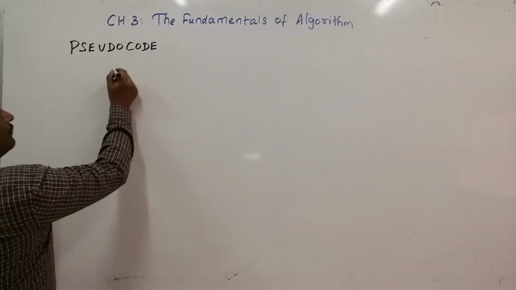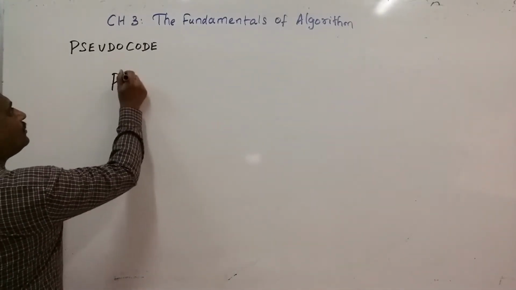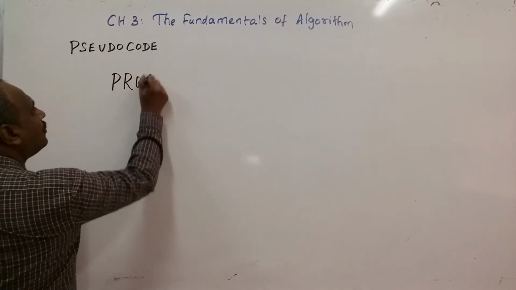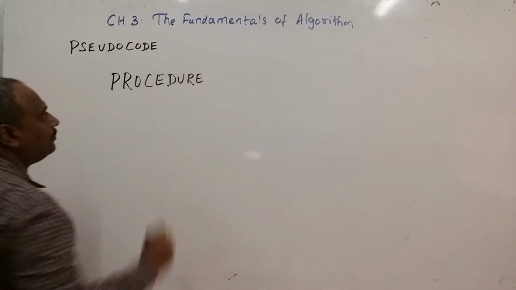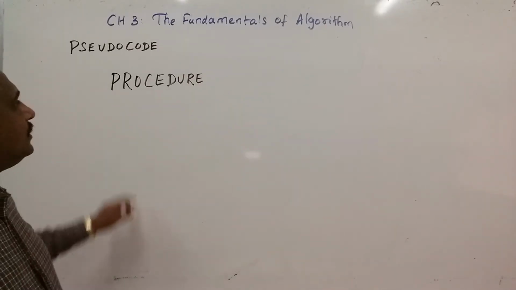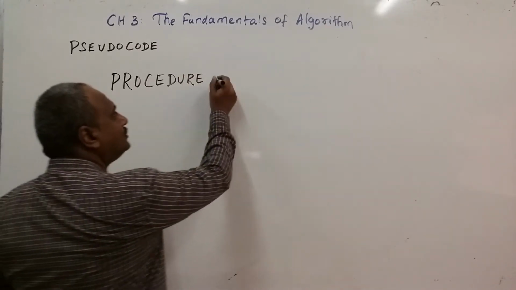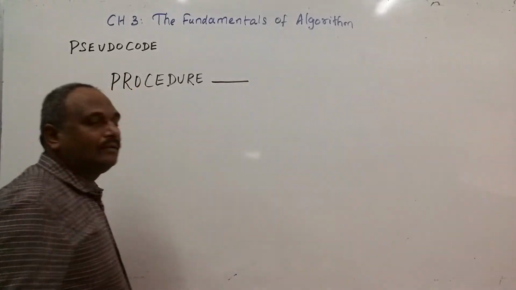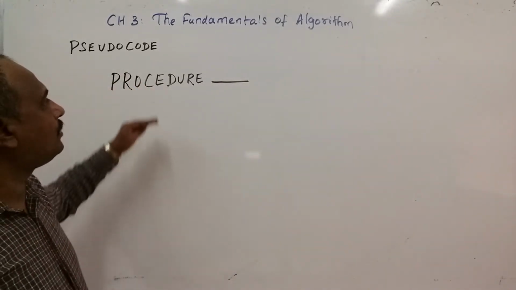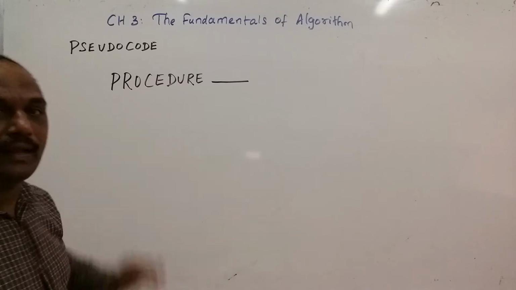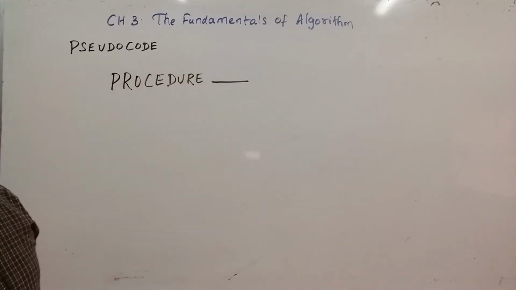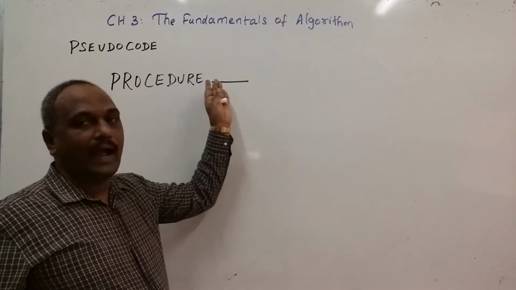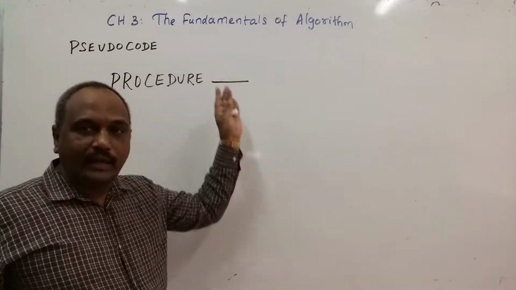Always the pseudocode will have a structure. It will start with a term called procedure, and this will define what we are going to do in this program. Maybe I want to find some least value, or I want to add two numbers, I want to deduct something.